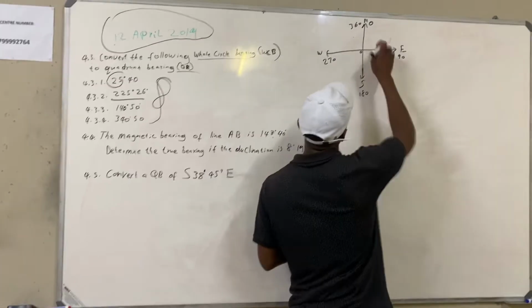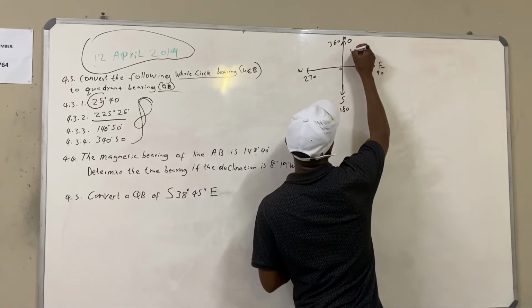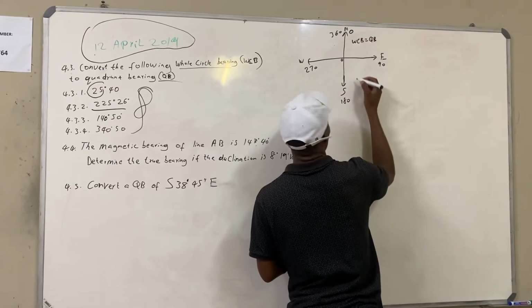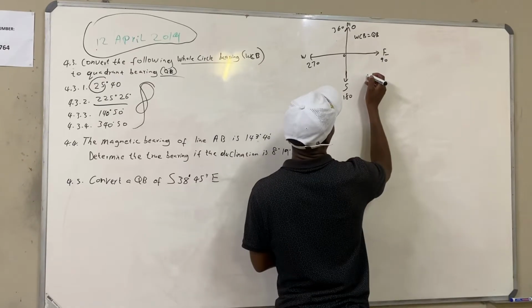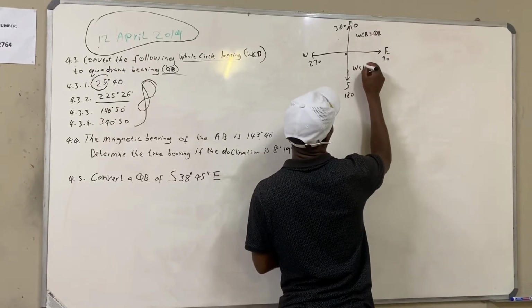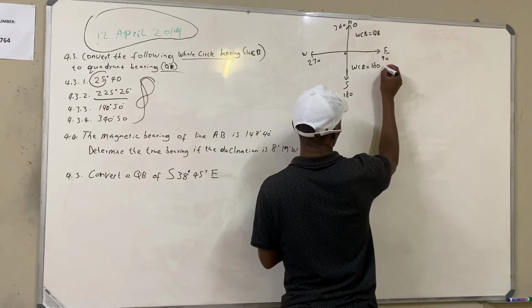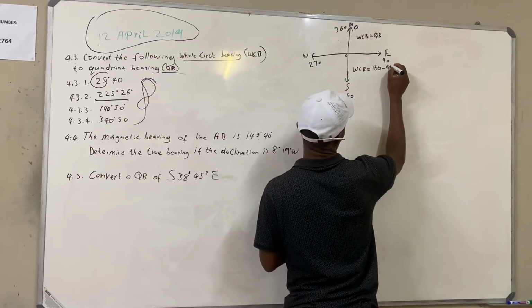Then, under the first quadrant, the whole circle bearing is equal to the quadrant bearing. Under the second quadrant, the whole circle bearing is equal to 180 subtract the quadrant bearing.